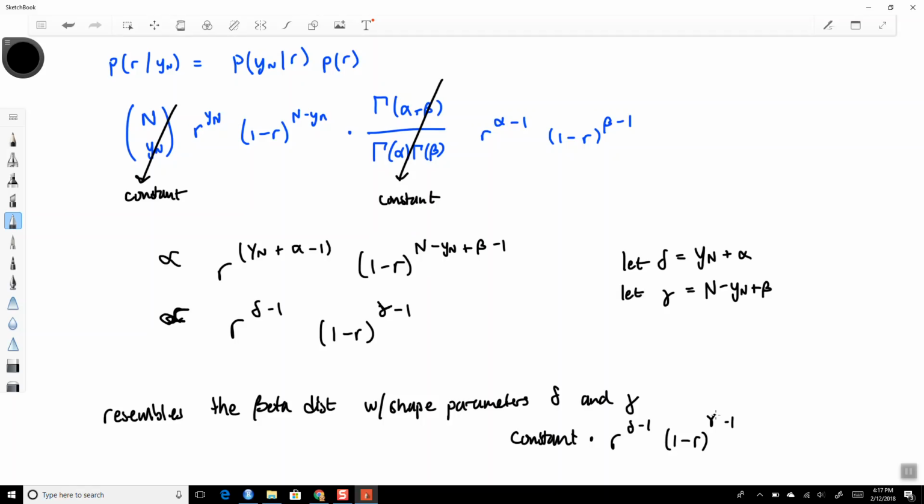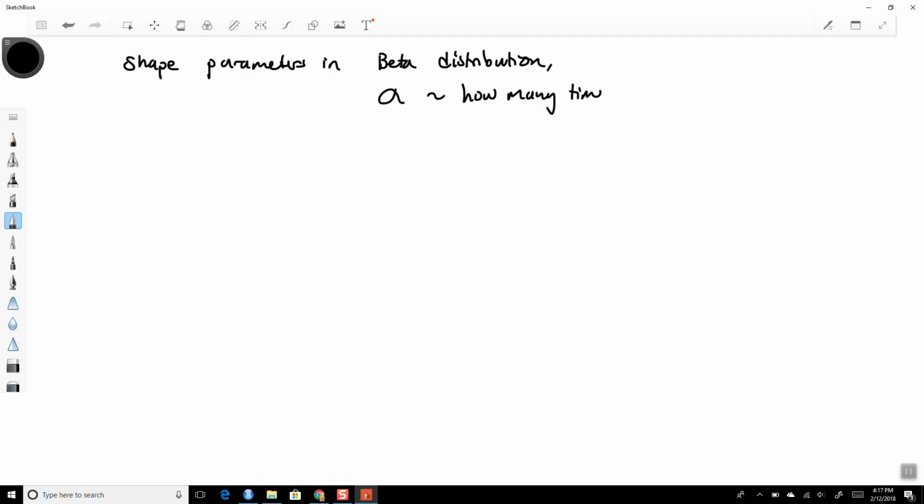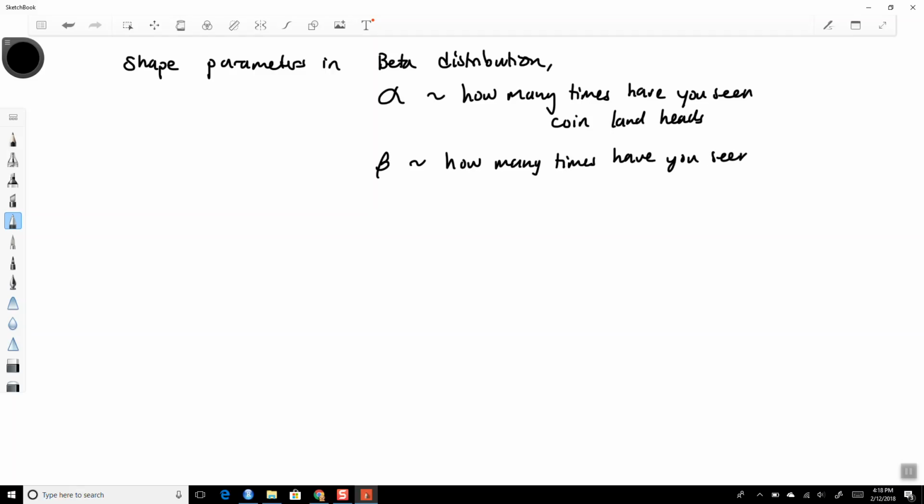Then if we think about, not the exact meaning, but the shape parameters alpha and beta in the beta distribution, alpha can be thought of as how many times have you seen the coin land heads, and beta can be thought of as how many times have you seen the coin land tails.